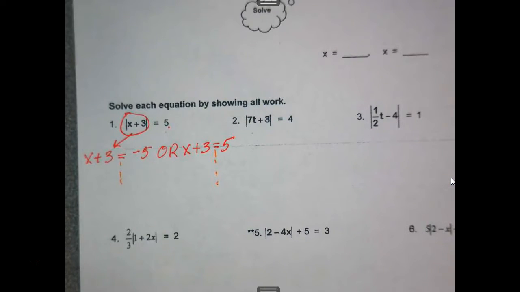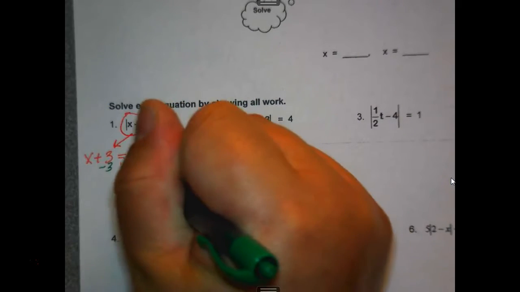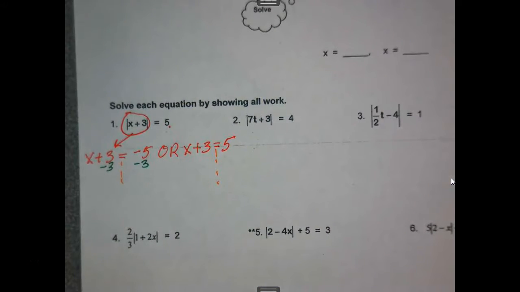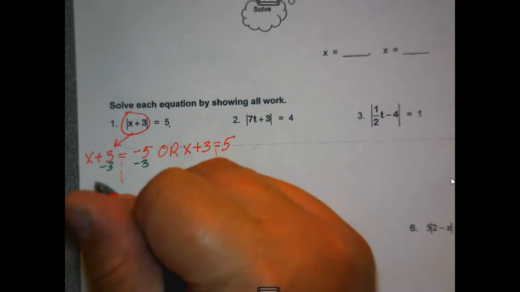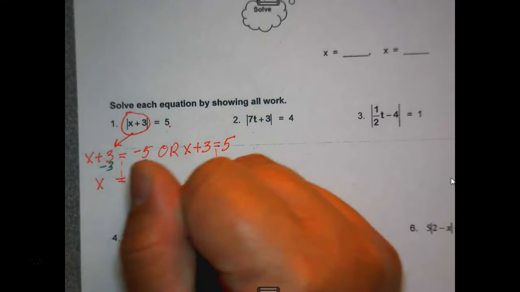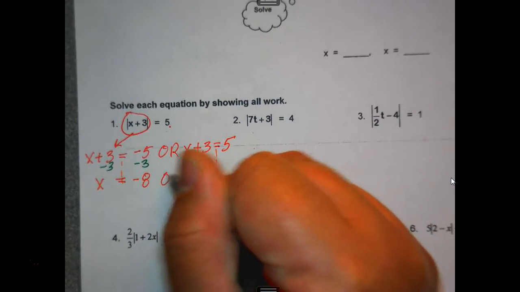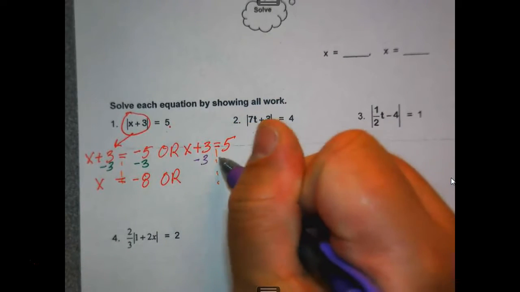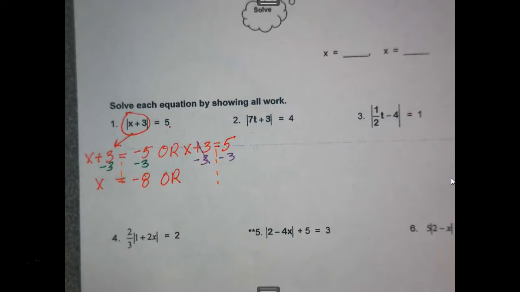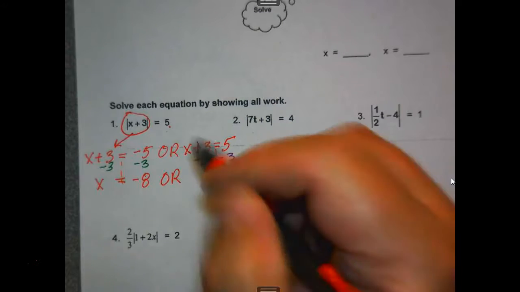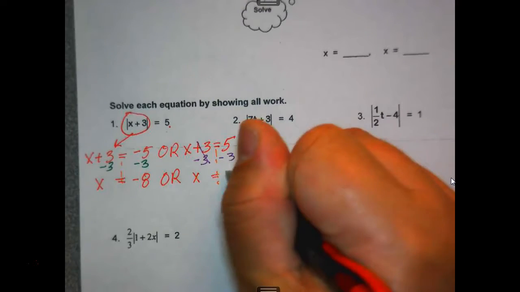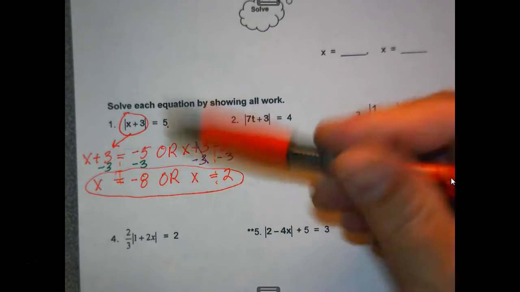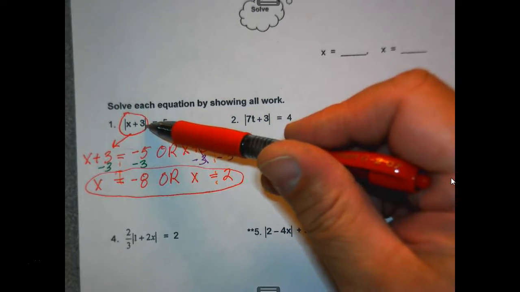Subtract 3 from both sides. X can equal negative 8, or subtract 3 from both sides, x can equal 2. That's my answer.